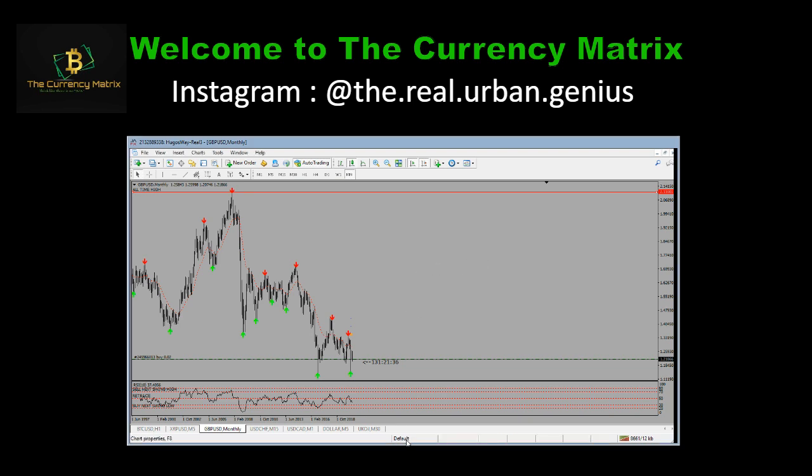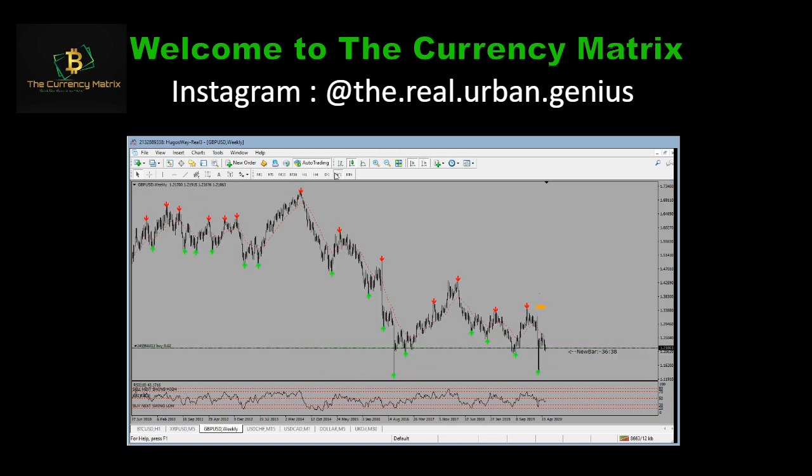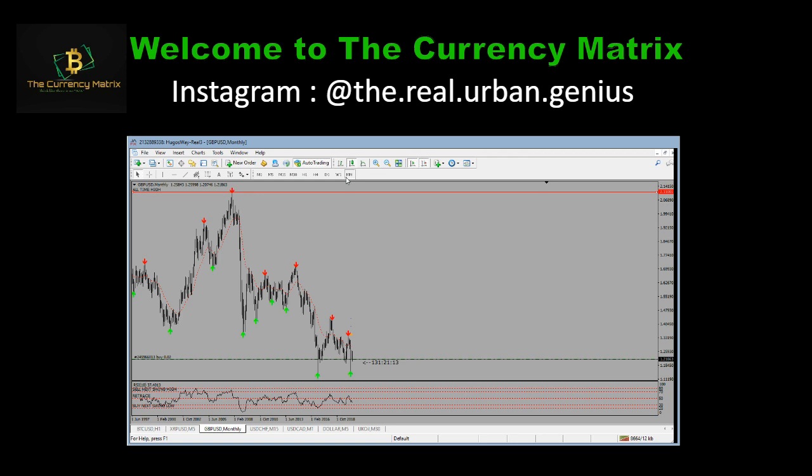Now, you can center that, but for now we're just going to leave it just like that. As always, you see over here to the right, we are going to round that number as well. There we have it.